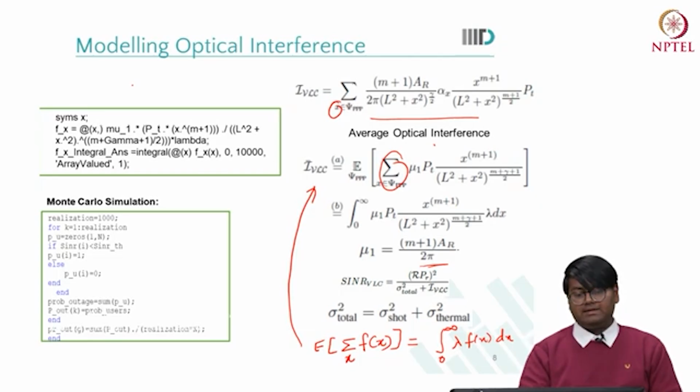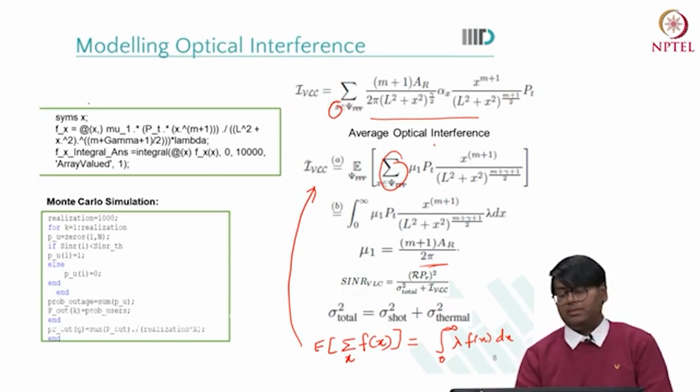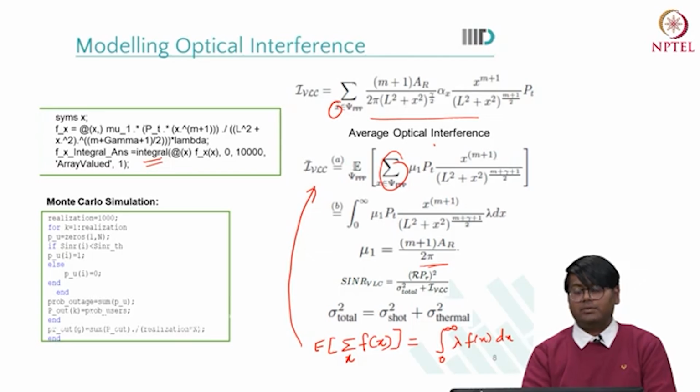Here my x is my symbolic variable. Now, we can find the average optical received power using the integral function in MATLAB, and this is how we find the average optical interference using MATLAB.